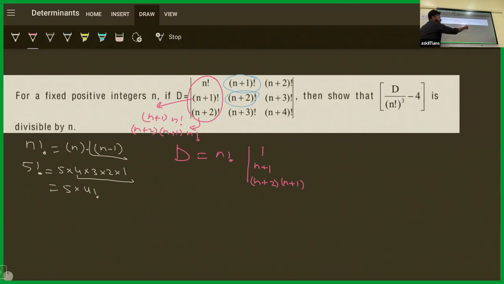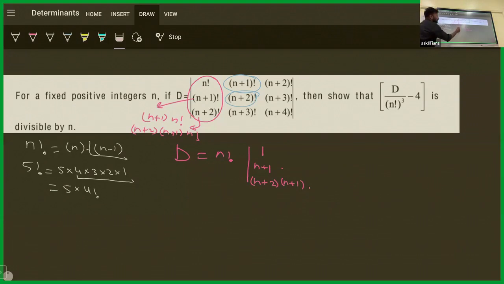Now n factorial is here, here and here, so we can take n factorial outside because it's common in all three elements of the first column. Then we are left with 1, n plus 1, n plus 2 into n plus 1. Understood?